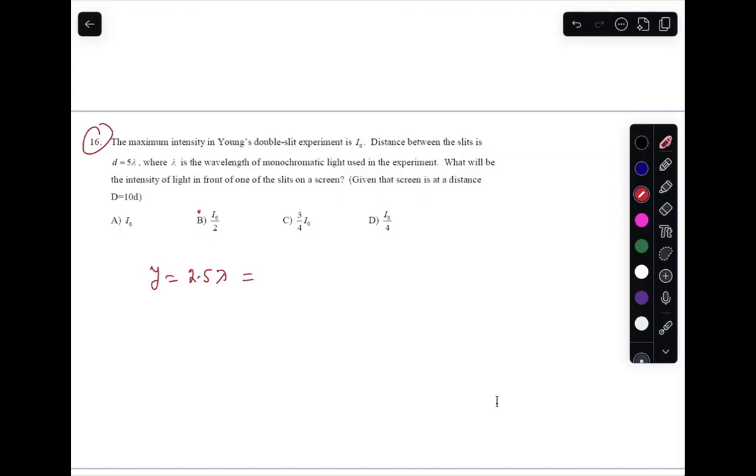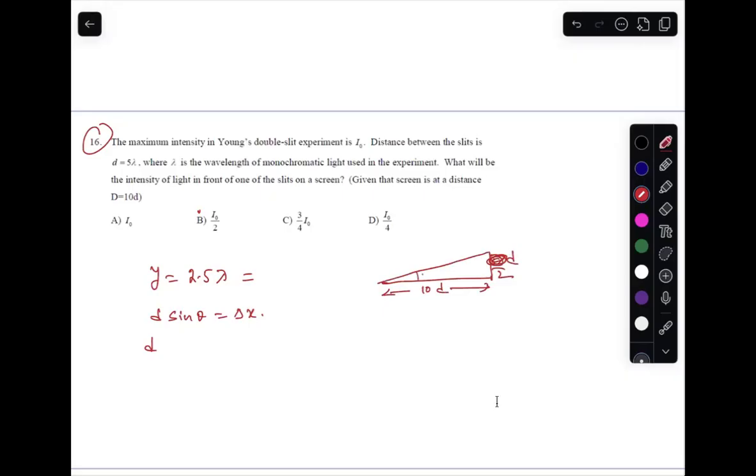By the way, what is d sin theta in this case? D sin theta is the path difference. D into y is 5 lambda D by 2, and this is a 10D.